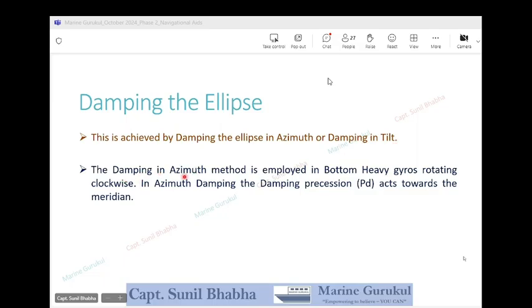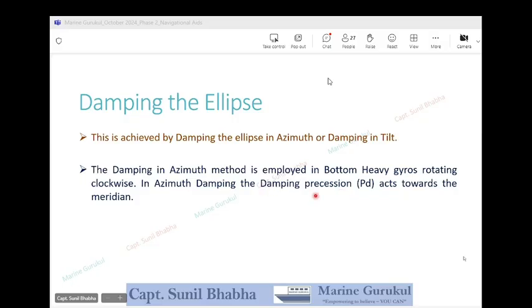Now, the damping in azimuth method is employed in bottom-heavy gyros. Bottom-heavy gyros are the ones which are rotating in a clockwise direction. In azimuth damping, the damping precession, this is the fourth force which will get involved into a damped north-seeking gyro.